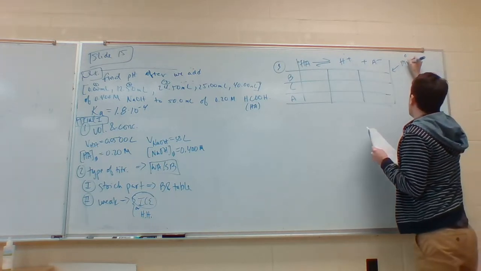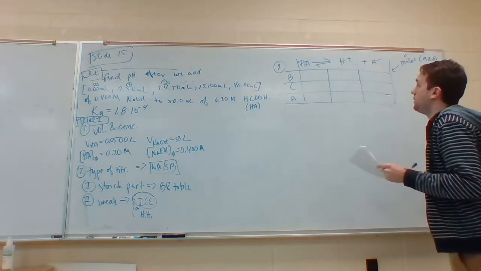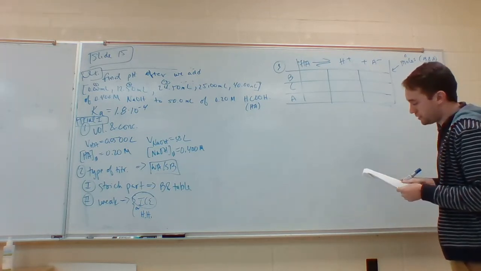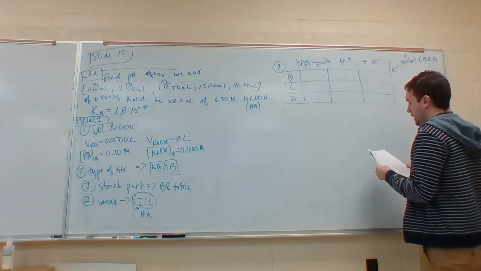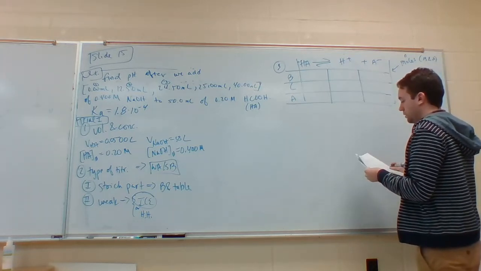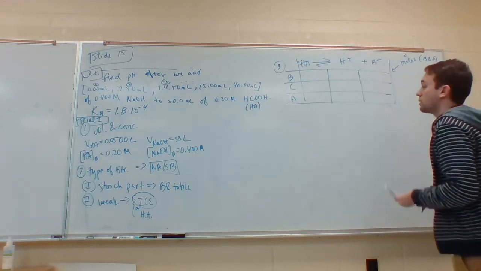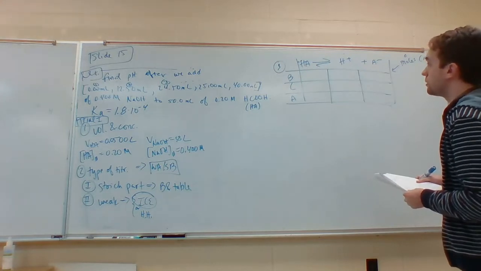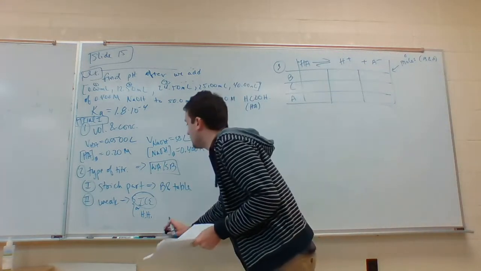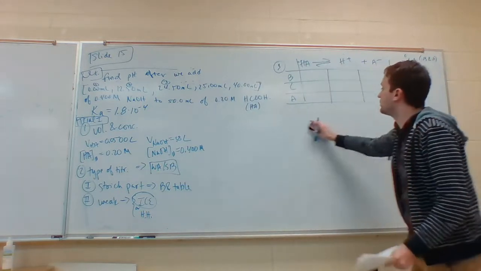Here, we need moles for before and after. Now, in this case, or rather, let me think about this. I'm sorry. Actually, we don't need a before and after table. And why don't we need a before and after table?